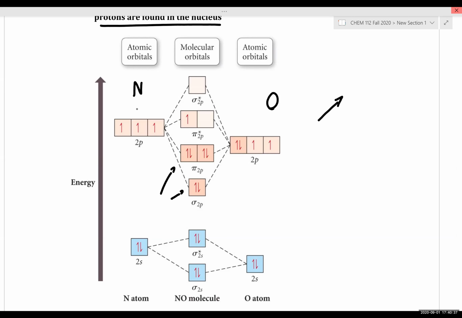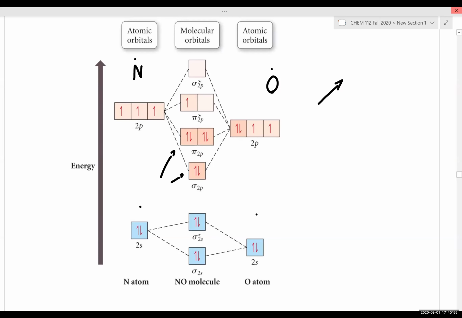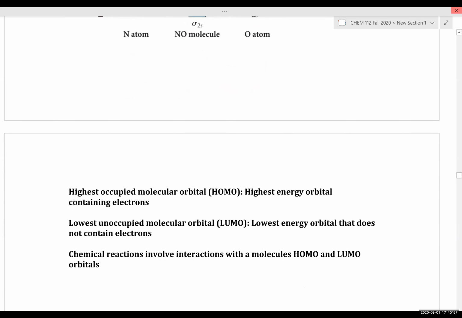So you need to pay attention to the atoms used for bonding because it directly impacts the relative energy of our sigma and pi bonding orbitals. We'll unpack this picture in more detail momentarily.